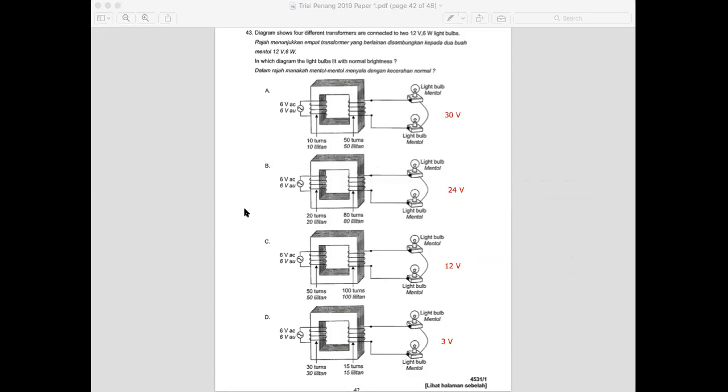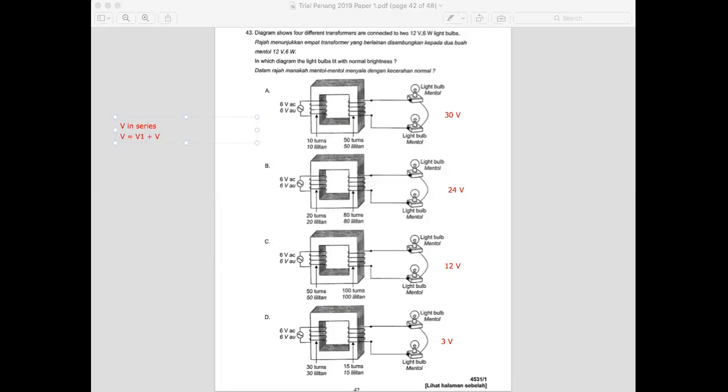The answer is B. If it's C, each bulb only gets 6 volt because these two bulbs are in series. Remember, C is wrong because each bulb only gets 6 volt. But for B, each bulb will get 12 volt.